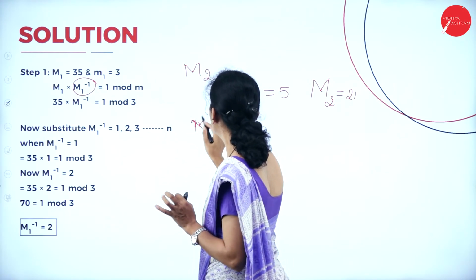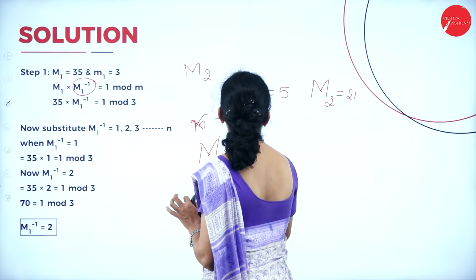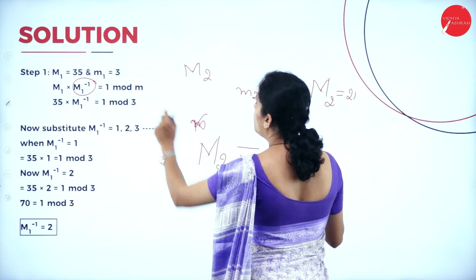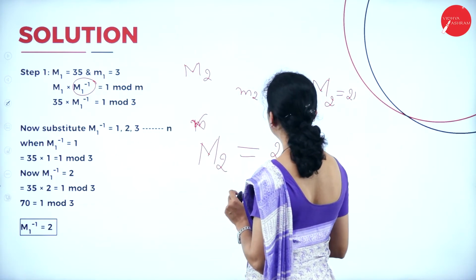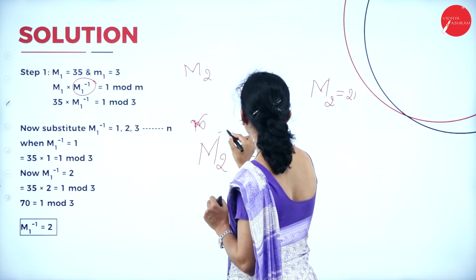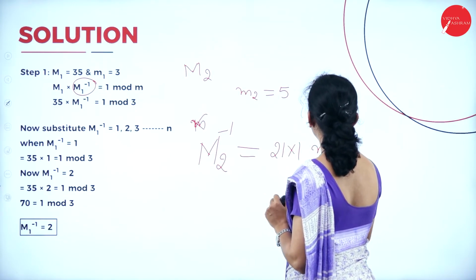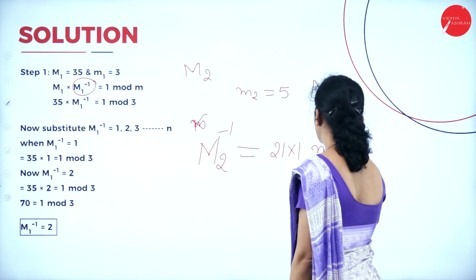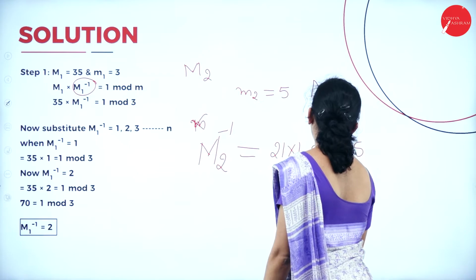Now I want to find M2 equal to, what is capital M2? It is 21, and the first time I'm going to substitute 1, then mod 5. So 21 modulus 5.